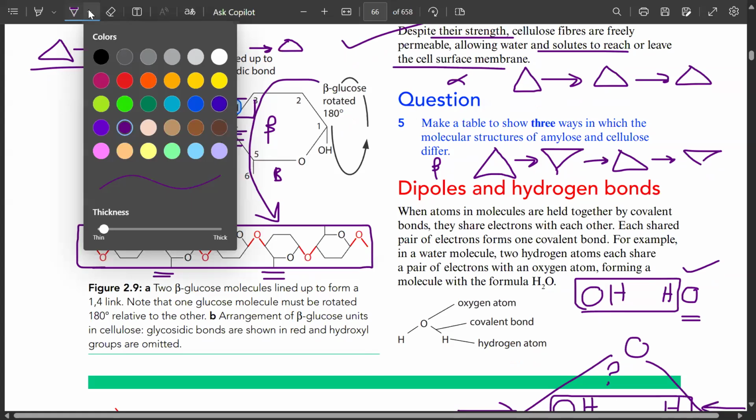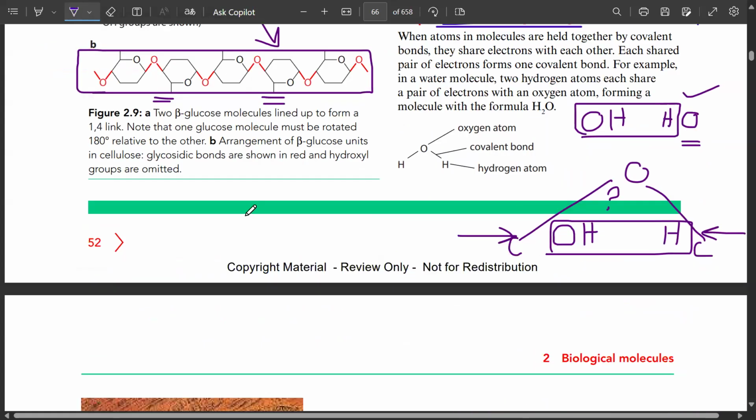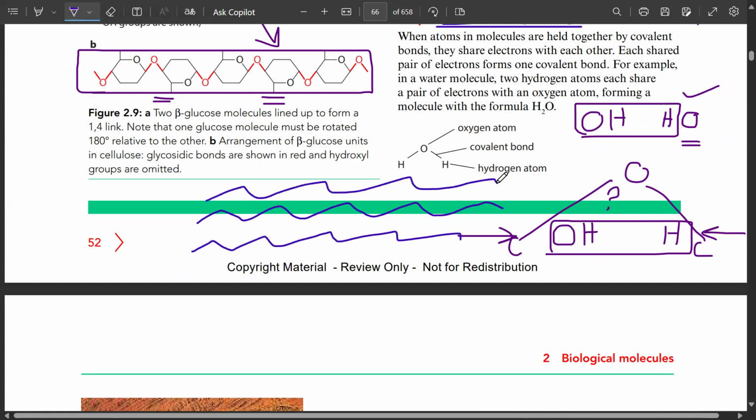Now we are going to talk about dipoles and hydrogen bonds, because these are more of a force than bonds, you can call these forces. For example, bonds are formed in cellulose, right? These are the bonds which are known as glycosidic linkages. Then there's another chain, and then another chain. These hydrogen bonds or polar bonds are formed between these chains just to hold them together.